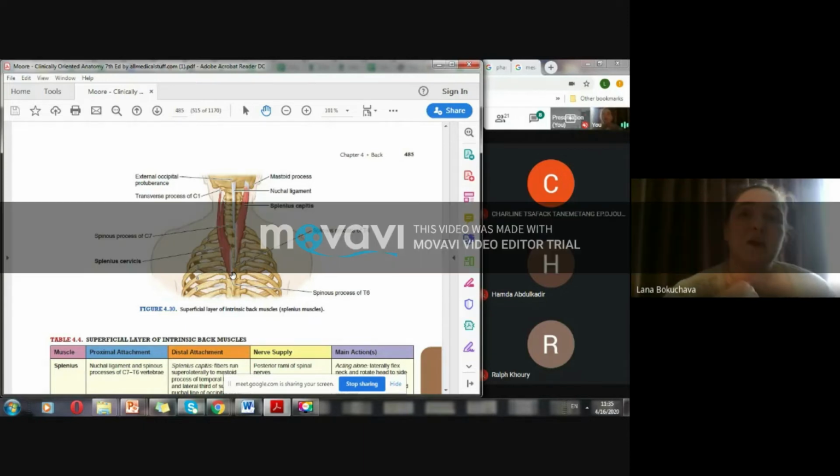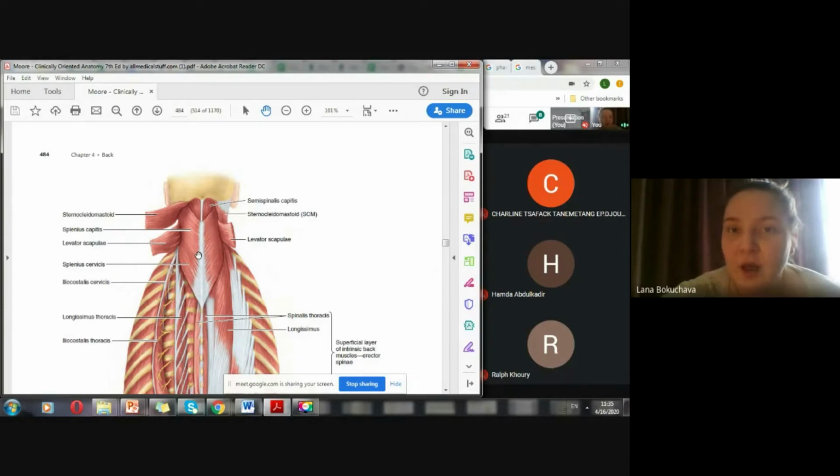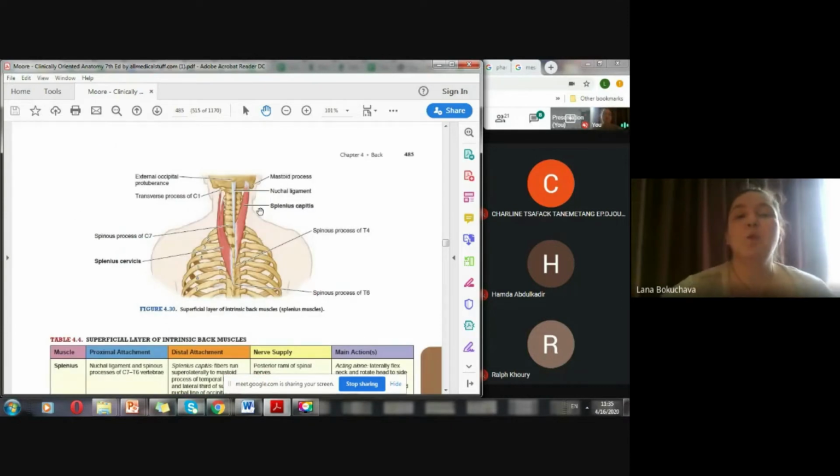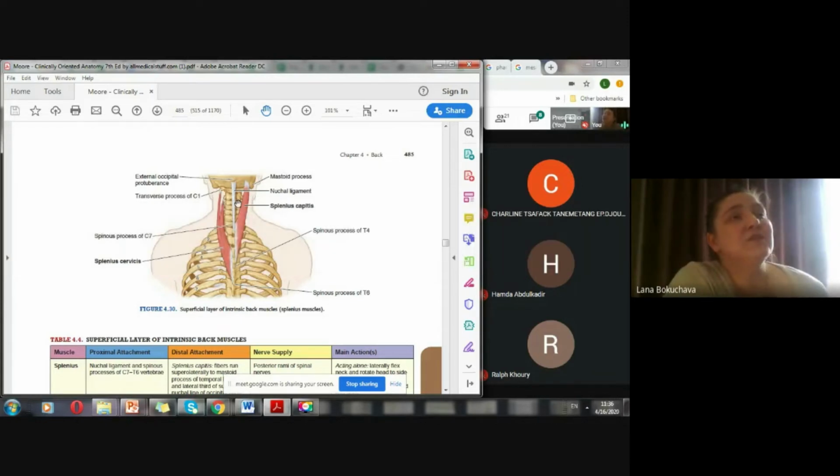But now we'll ask the question: according to that nice picture, the splenius muscle is very long and very broad, attaching towards the cervical region even. And that's true. So what can we have as the attachment? If you remember, when we talked about the ligaments of the vertebral column, we said there is a supraspinous ligament which starts at the level of C7.